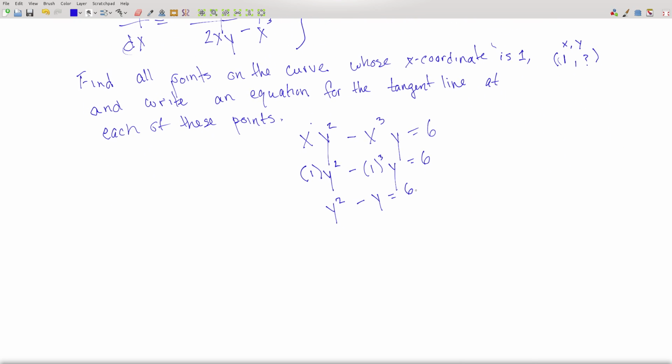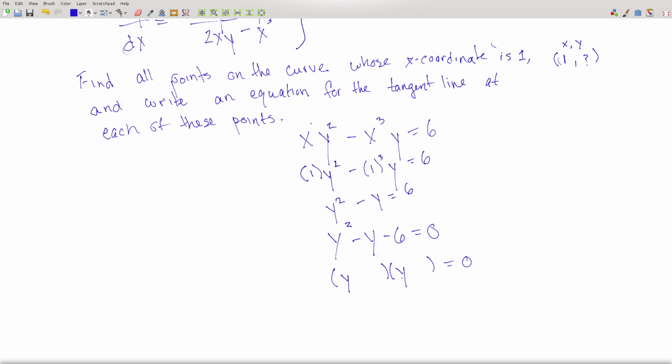What happens next? This looks like a quadratic equation. I'm going to get it equal to 0. So y squared minus y minus 6 equals 0. I think this can be factored. If I couldn't factor it, I could use the quadratic formula, but I think this can be factored. I'm going to factor this into two binomials equal to 0.